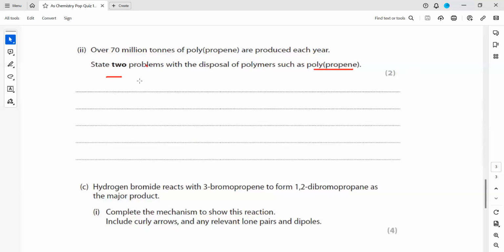So you have to just state the problem with the disposal. So first thing, most of them are non-biodegradable. So what is the effect of being non-biodegradable? This will result in an increase in landfill sites.